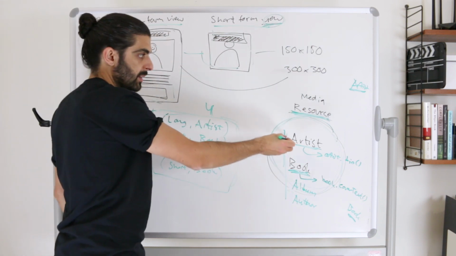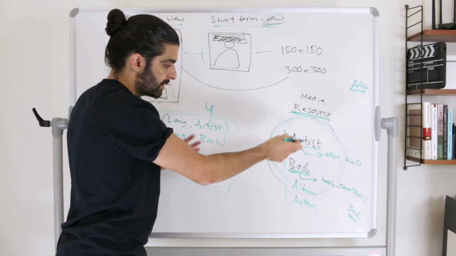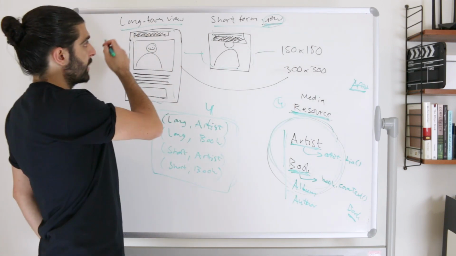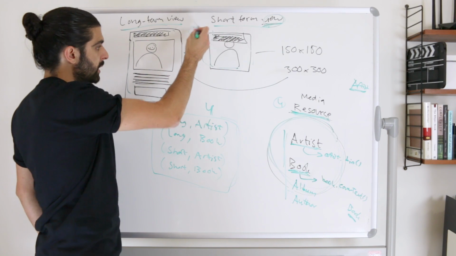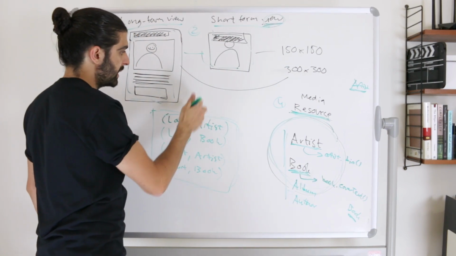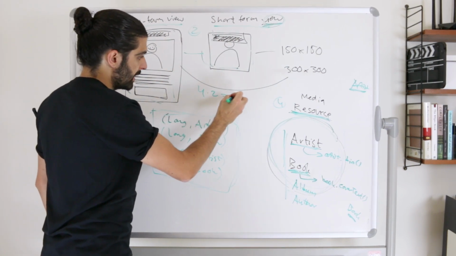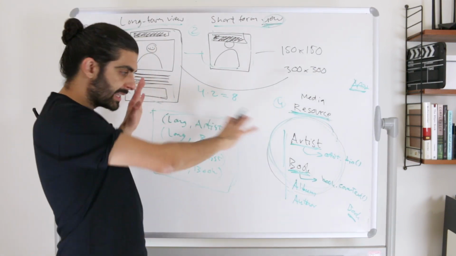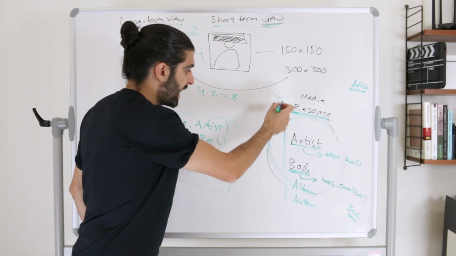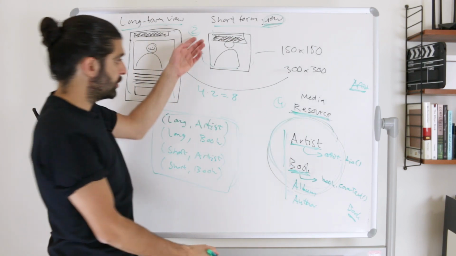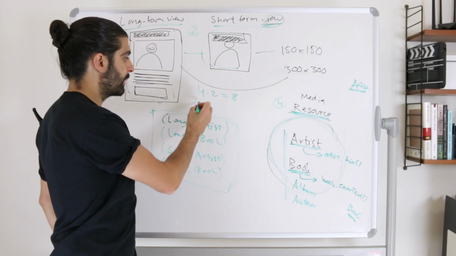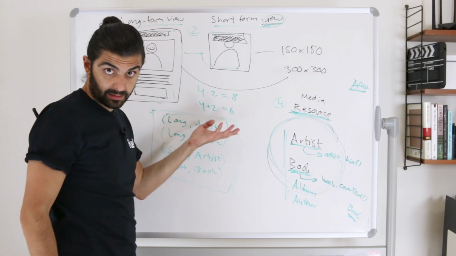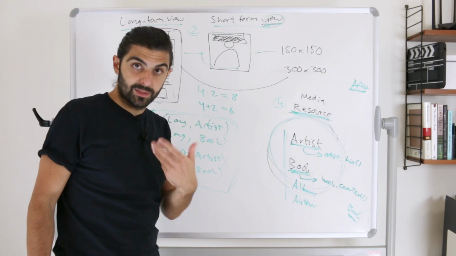But now that our media resources are artist resources, book resources, album resources, and author resources, in other words 4, and then we have 2 types of views, the Cartesian product would be 4 times 2, in other words 8. So we'd have to build 8 classes. But if we stick to the bridge pattern approach, we simply have 4 types here and 2 types here, so instead of 4 times 2, we have 4 plus 2, which is 6. So fewer. And as you scale this up, the payback gets more apparent.